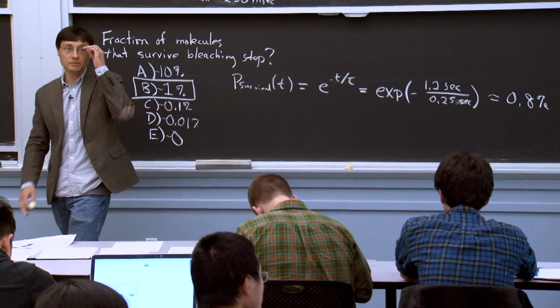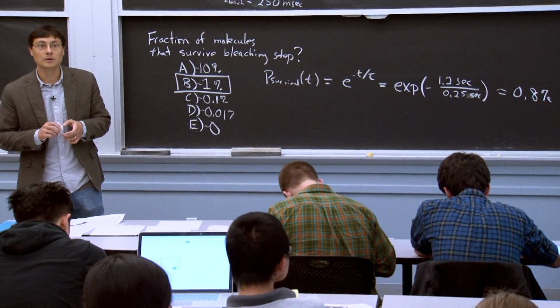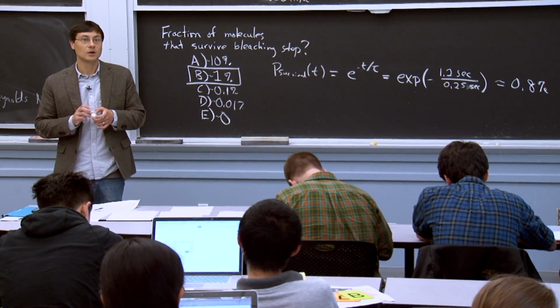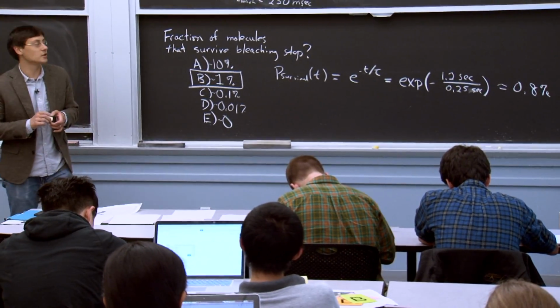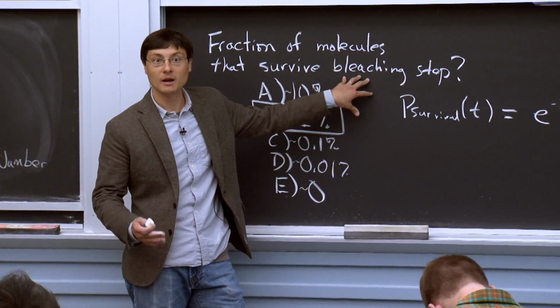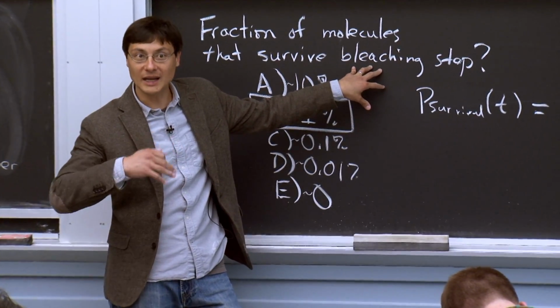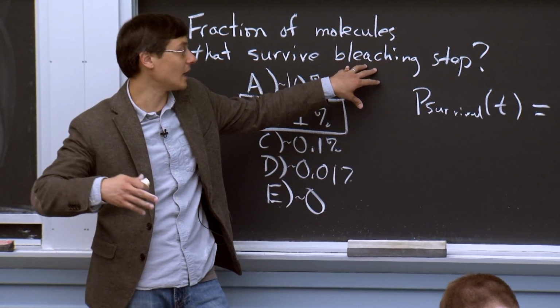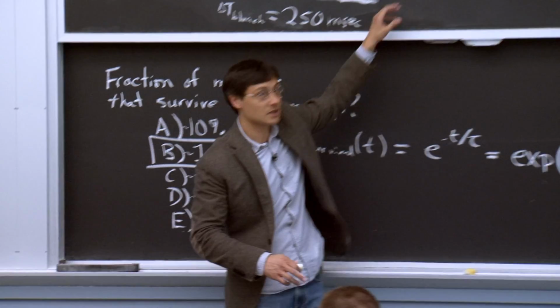I guess I'm confused about what bleaching is. I thought it was you turned off the laser and then the photons go away. Oh, no, no, no. Bleaching is a result of chemical inactivation of the fluorescent protein that is induced by being in this excited state.